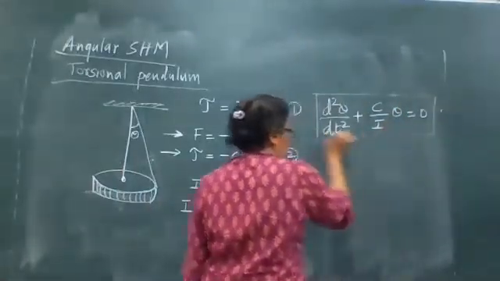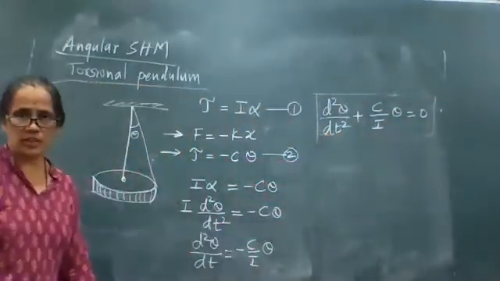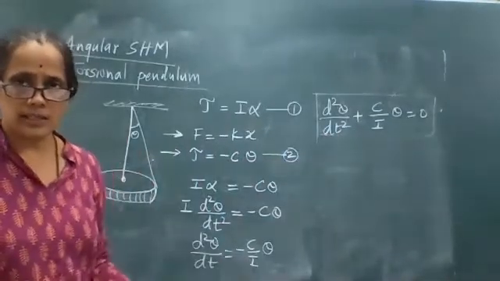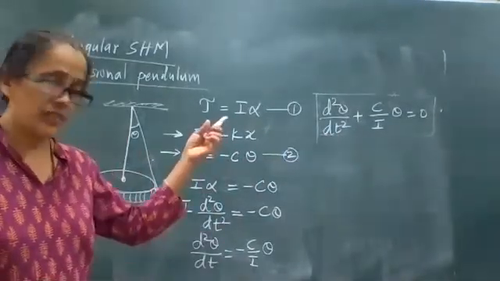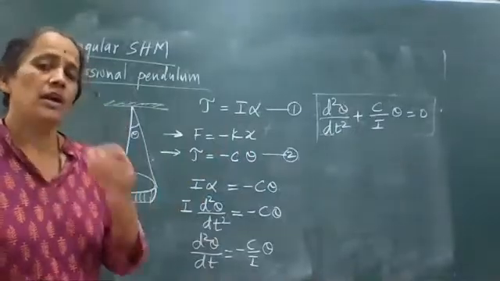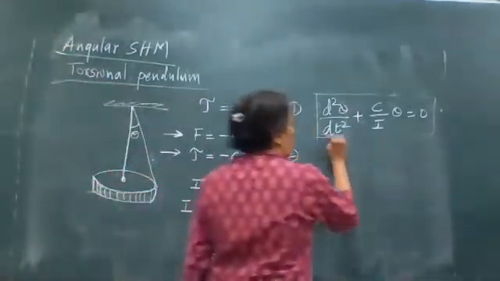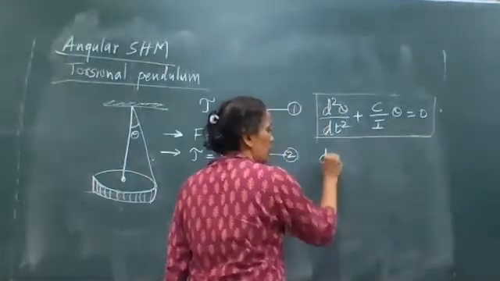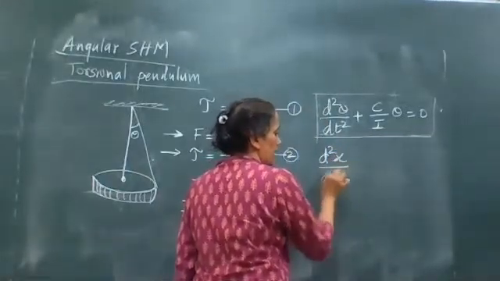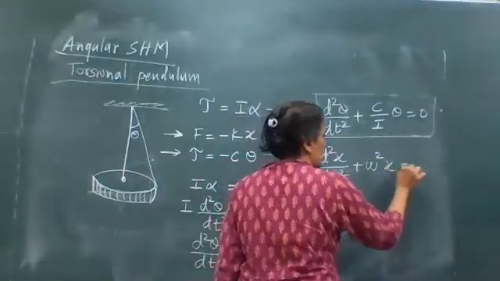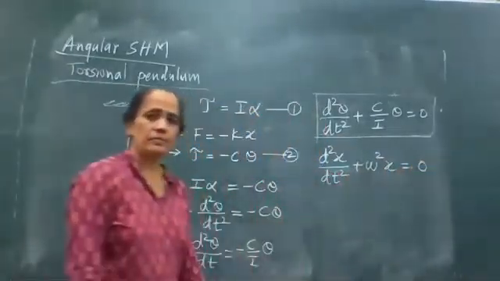And this is to be called your differential equation for angular section. Now if you compare this equation with your differential equation of linear section, d square x by dt square plus omega square x is equal to 0.